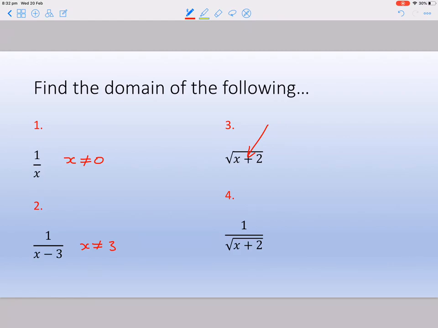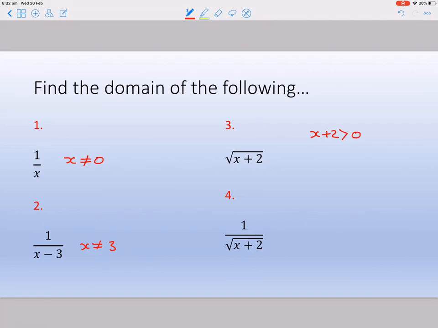Try it on your calculator: we can actually square root 0. So I can write my working for the domain, saying that x plus 2 has to be positive, so it has to be greater than 0.